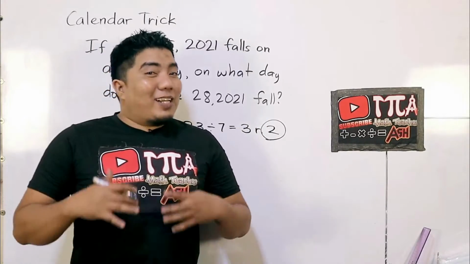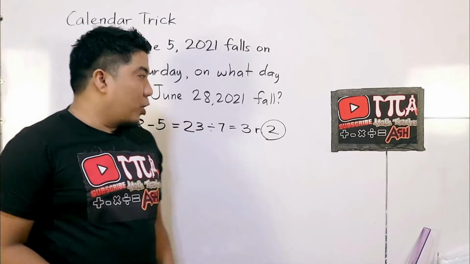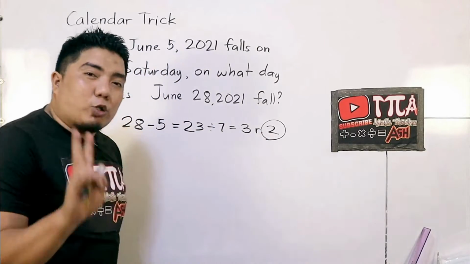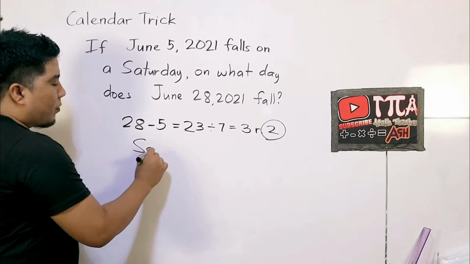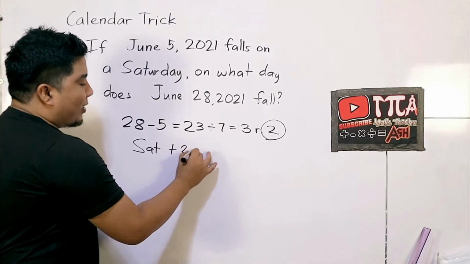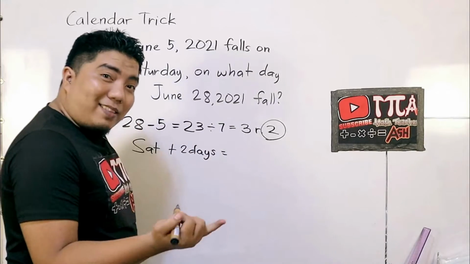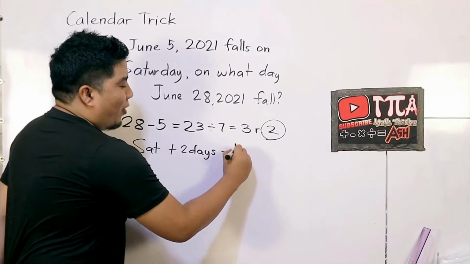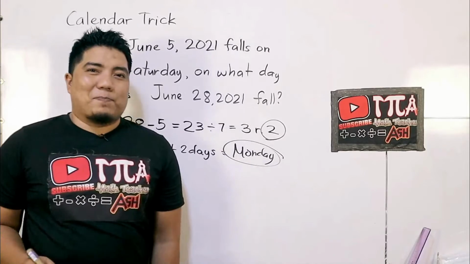The trick here is that you will consider the remainder. Since the remainder is 2, with that Saturday, you just add 2 days, and that will fall on Sunday, Monday. So therefore, the answer here is Monday.